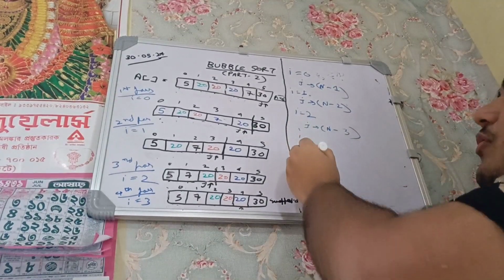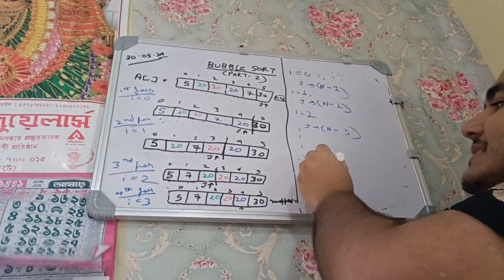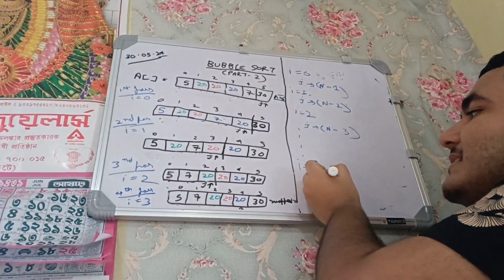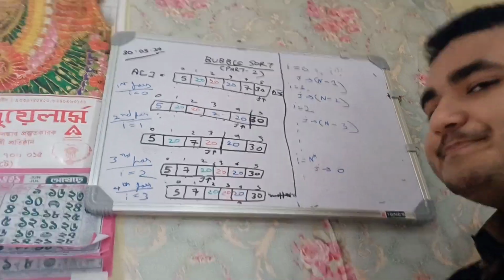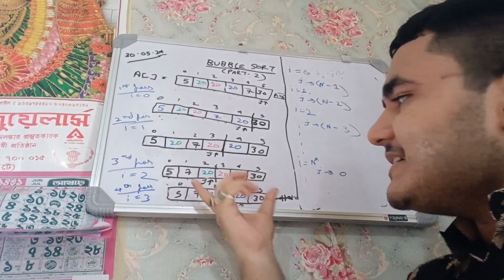And when i moves up to the nth index, this is the worst case I am talking about, j moves up to 0. Fine. That means no iterations j has to make.